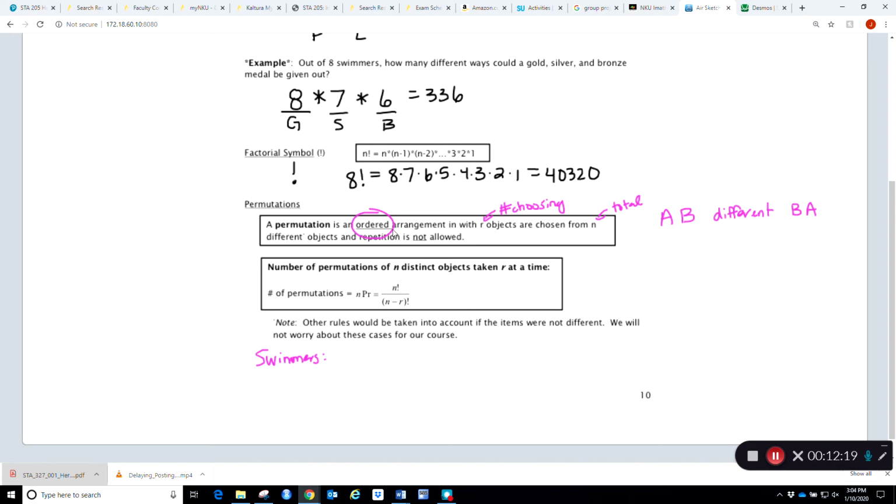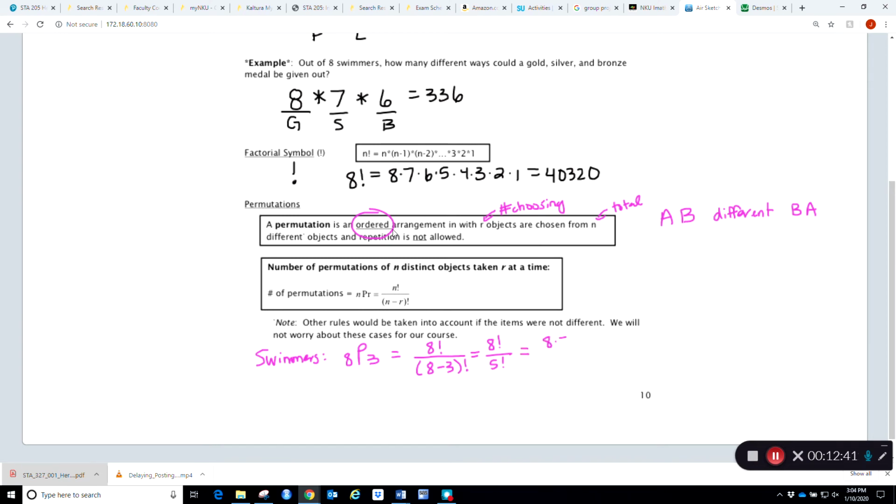That would mean that I would want to do 8 permutation 3. First, we're going to write out what that is just so we actually understand it. That's 8 factorial over 8 minus 3 factorial, which is 8 factorial over 5 factorial.